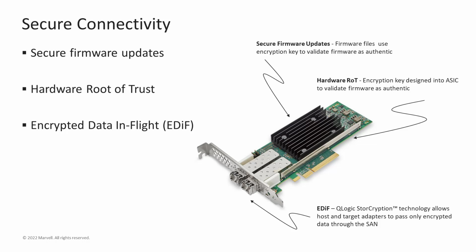This is referred to as hardware root of trust, and this feature is found in the QLE2770 series enhanced 32 gig adapters. There's also a version of this adapter that supports data encryption. With these adapters at both the host and target array, data can be encrypted throughout the SAN for ultimate security.